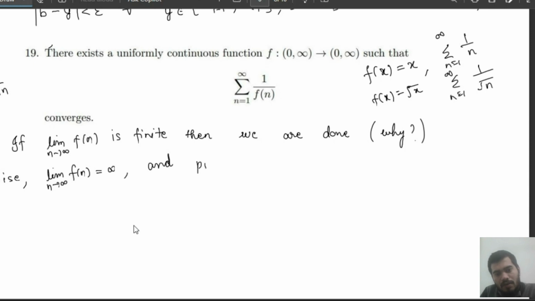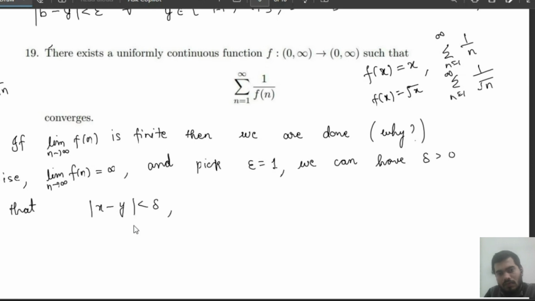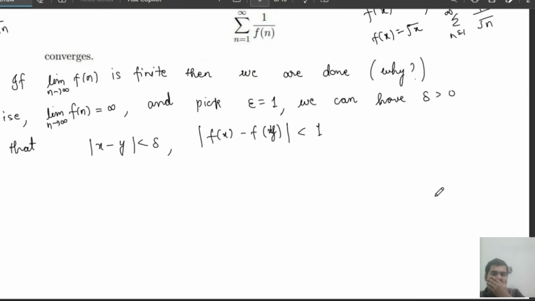Pick epsilon equals 1. What will happen with this epsilon? You can have delta greater than 0 such that this holds. Why can I write this?